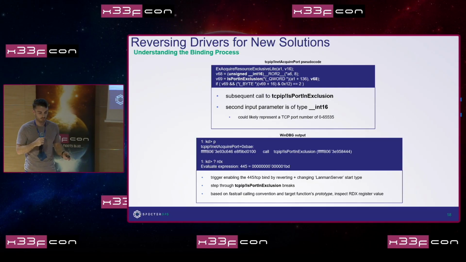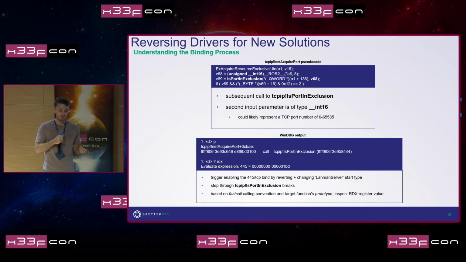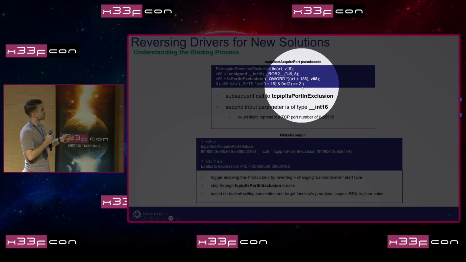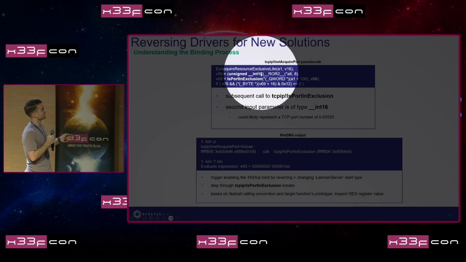It's triggered when I re-enable the LanmanServer service. I step through until I reach a couple of calls to IsPortInExclusionList. Because of the fastcall calling convention, we know the function has 2 parameters, this v68, the thing we think is likely a port number because it's int16.